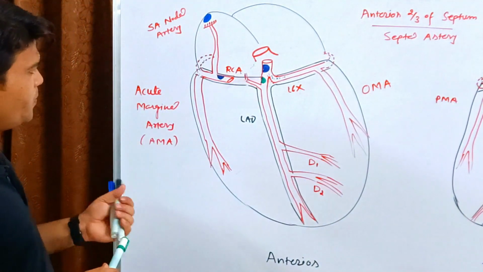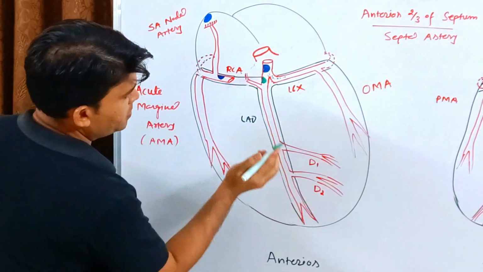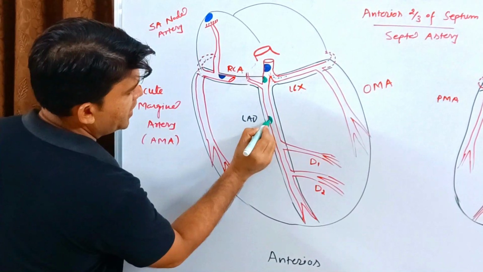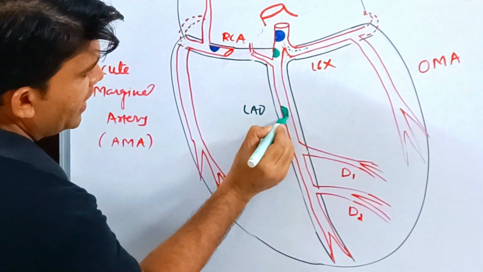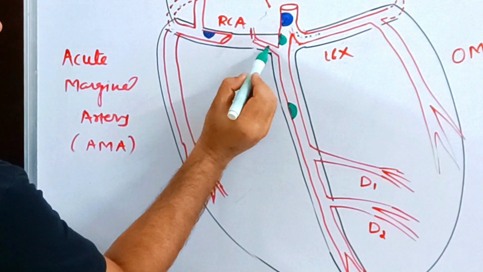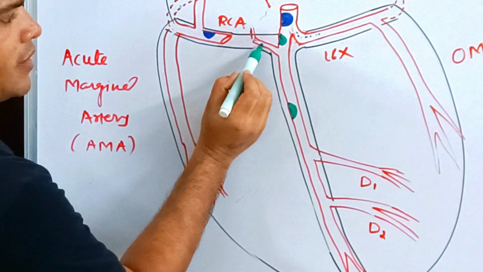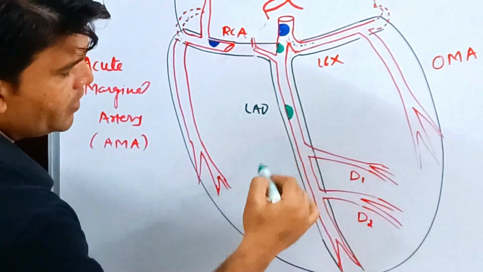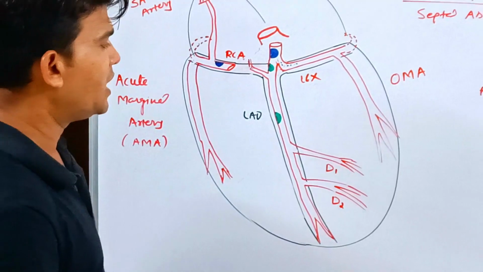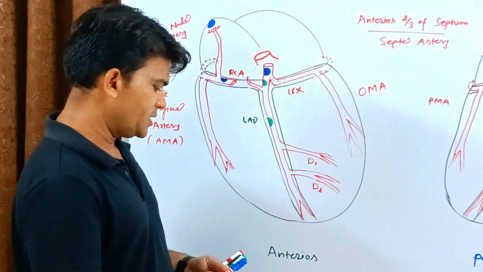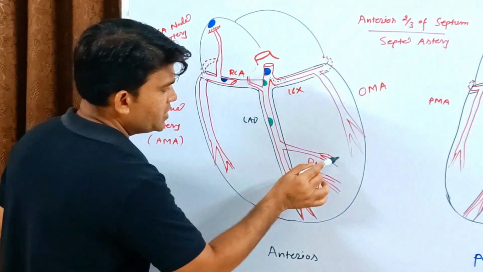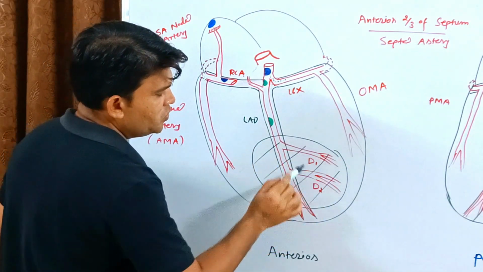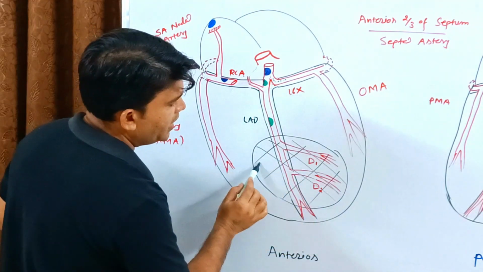And what if the patient has a proximal or middle, okay, middle LAD critically occluded? In this case the septal artery will get very good blood, but the distal part, the anterior part of the heart, will not get blood, and the patient will develop a localized anterior wall MI, with changes in V3 and V4.